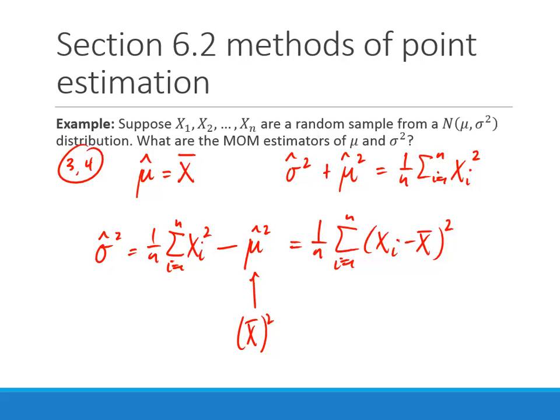Okay, recognizing this, remember the sample variance S squared was 1 over n minus 1 times this sum.